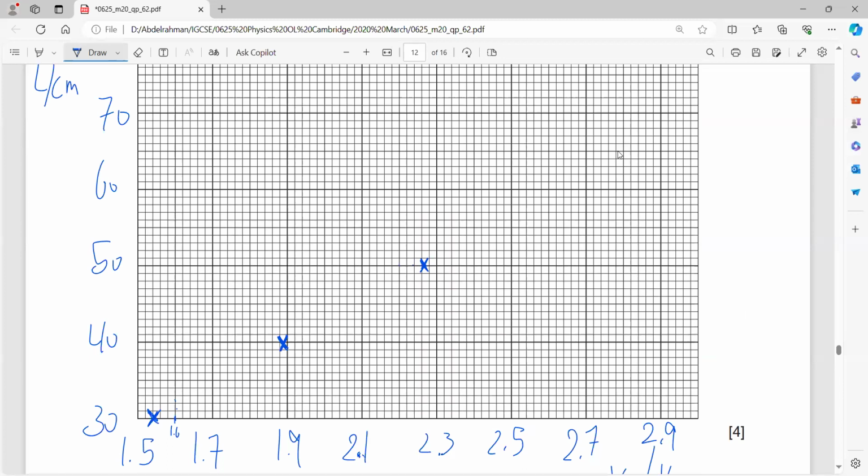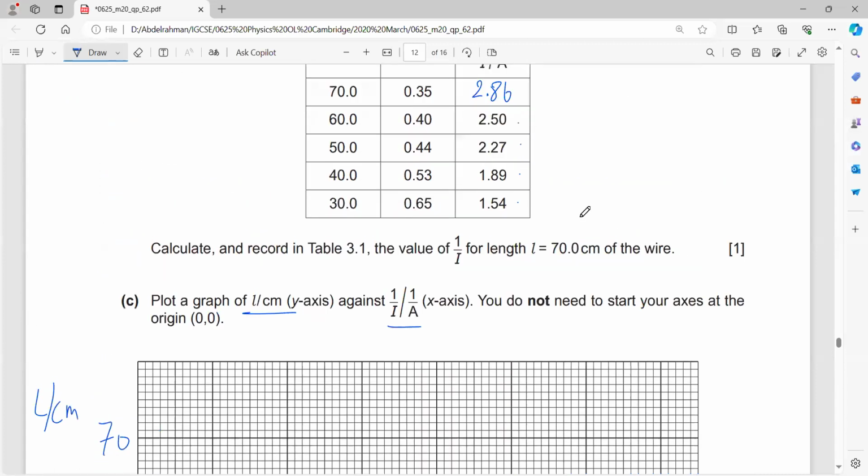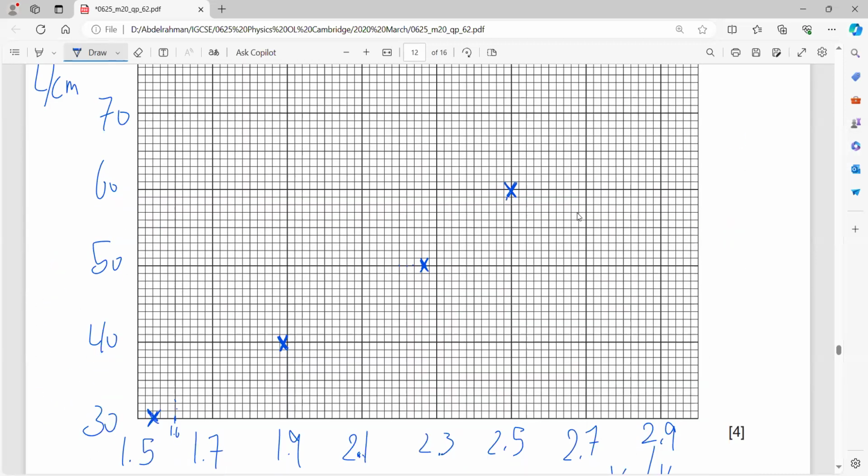Okay, it's quite easy. 2.86 and 70 would be 2.80, 2.82, 84, and 86.